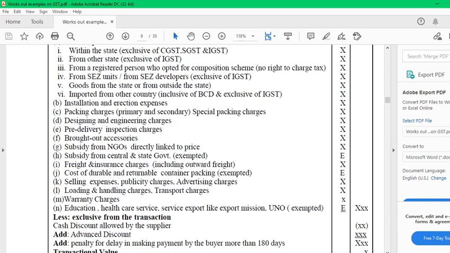For example, the value of the goods is 2000. The dealer asked to pay an advance of 1000 rupees. At that time, the dealer issued a receipt voucher, not an invoice, for 1000 rupees.